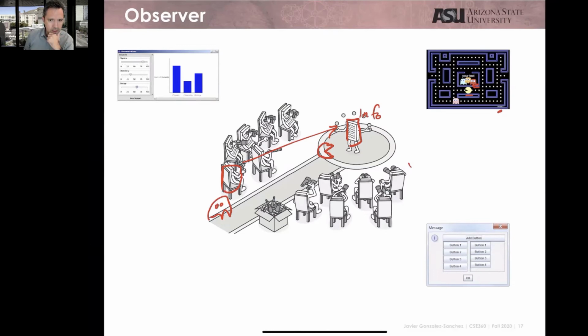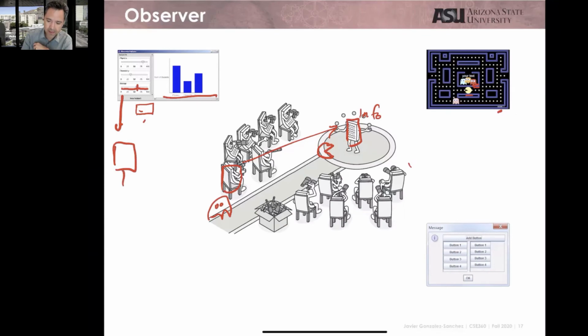Another one. You have a graphical user interface, and here you have some controls, sliders, or text areas, a place in which you are going to put a number. And then you have a graphical space in which you want to plot that number or change something according to whatever you did here. This one is a class that maybe has the controllers.